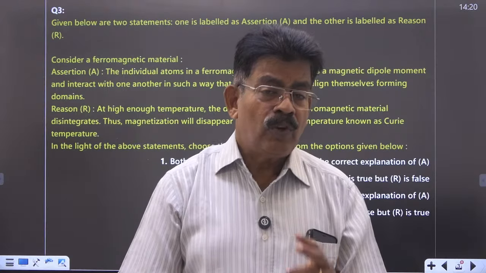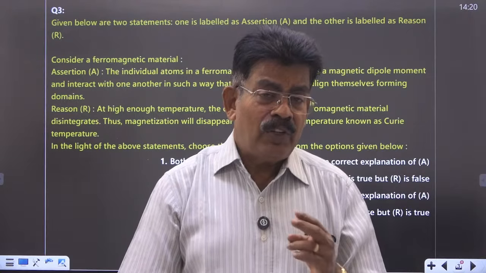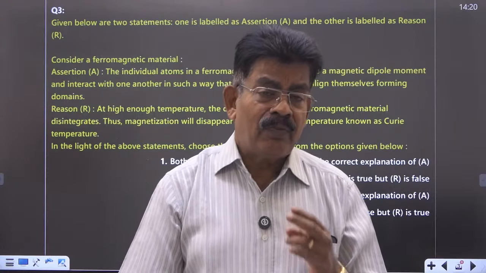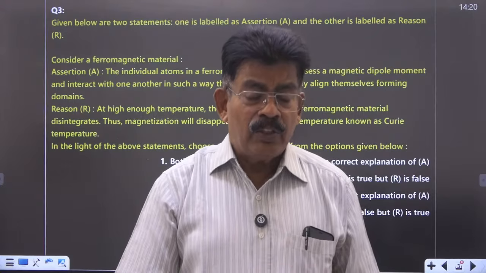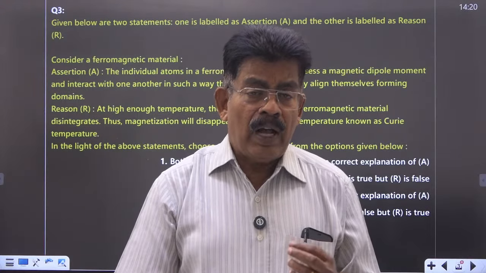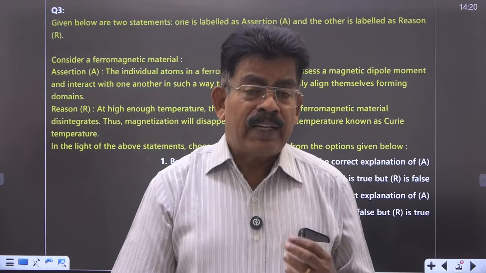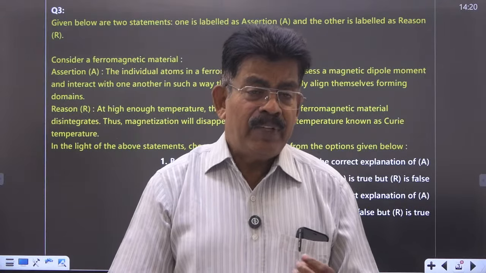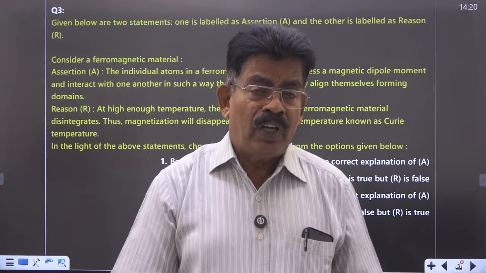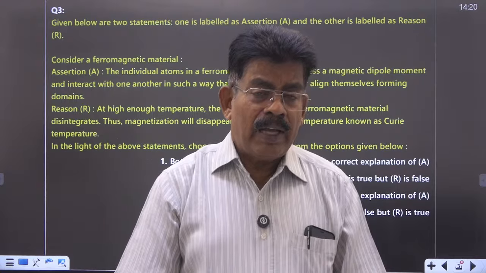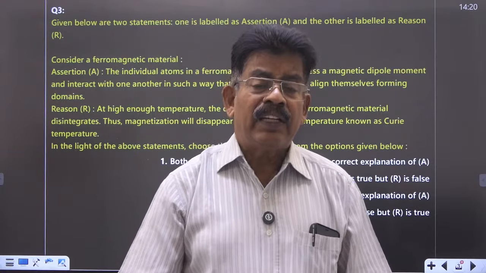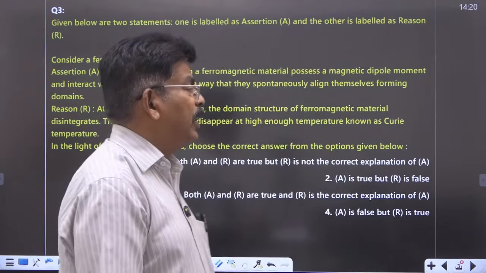So, domain has two aspects. Each individual atom's moment is very high compared with the paramagnetic atom. In addition to that, a few ferromagnetic atoms are arranged in the same direction, forming a region of large magnetic moment. So instead of atomic dipoles, your domains are getting aligned. So the first statement is correct.